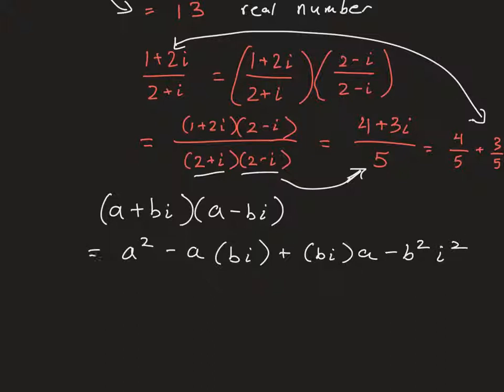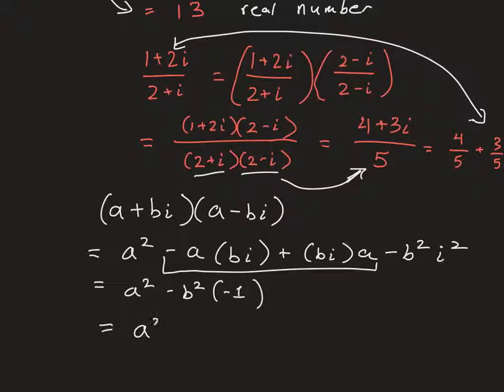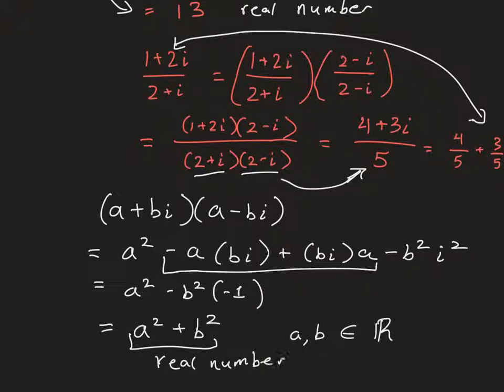And these two terms, again, they cancel out, and you get a squared minus b squared i squared, and i squared is just -1. So you get a squared plus b squared. And since a and b are real numbers, a squared and b squared are also real numbers, so this is a real number, even though the two numbers we multiplied are complex.